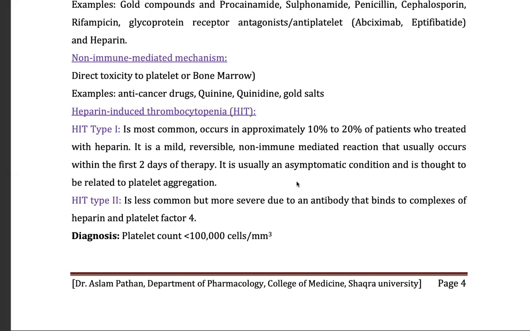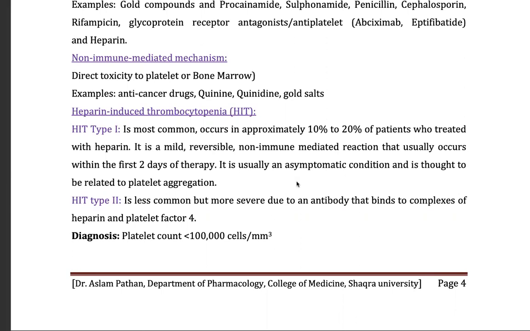HIT type 2, heparin induced thrombocytopenia, is less common but more severe, due to an antibody that binds to the complex of heparin and platelet factor 4.